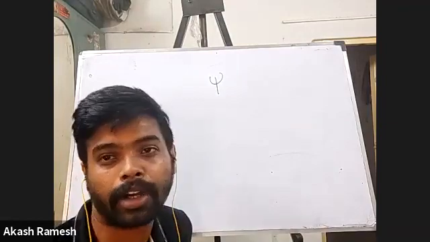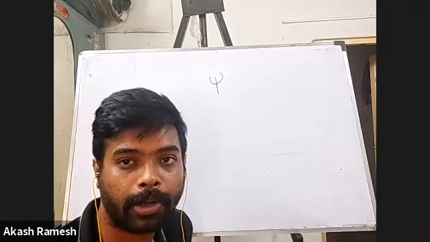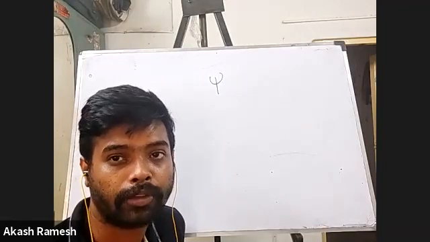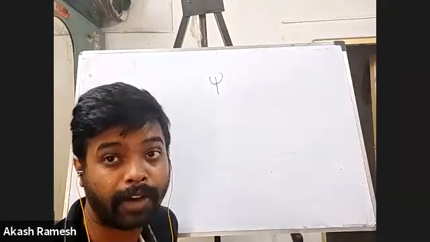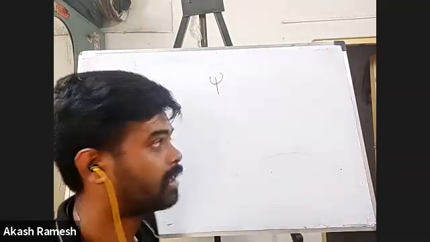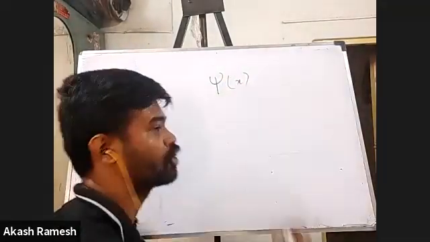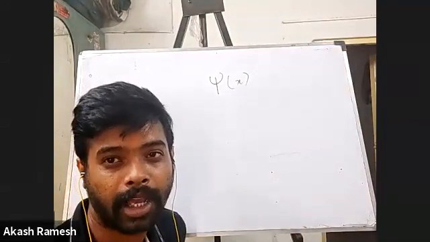This is for different orbitals. For the s orbital, this psi will be different. For the p orbital, the psi will be different, and so on. I hope you remember this was a function, not a value, like sine, cos, tan. This is psi of x, basically. Now this as such doesn't have any physical meaning.